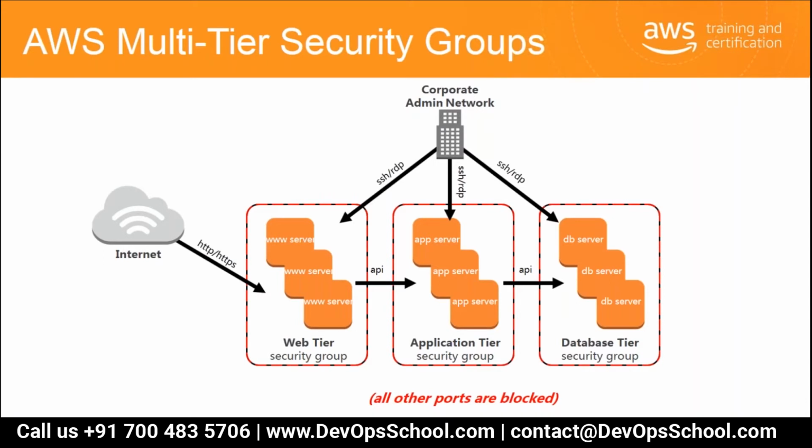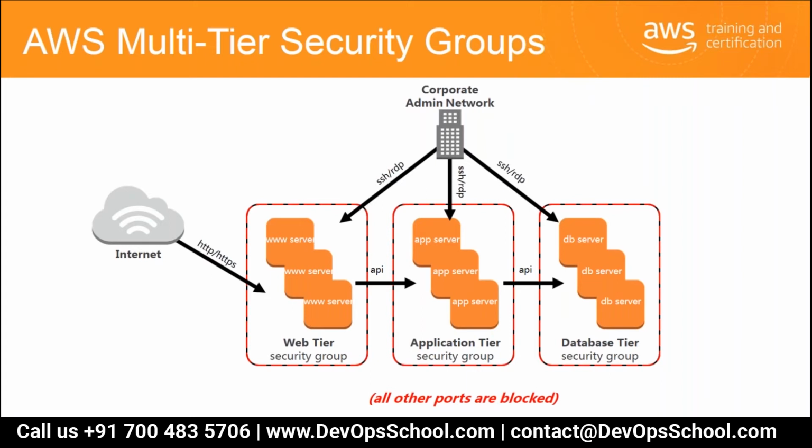An AWS multi-tier security group setup typically looks like this: in one subnet you have a web tier, in a second subnet you have an application tier, and in a third subnet you have a database tier. They are all segregated by their subnets, and they also have security groups to allow only restricted ports.